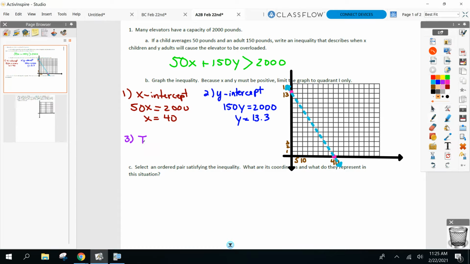So here we go, another reminder on how to test 0, 0. I go back to the inequality I made. So I'm going to go 50 times 0, plus 150 times 0. True or false, is that bigger than 2,000?